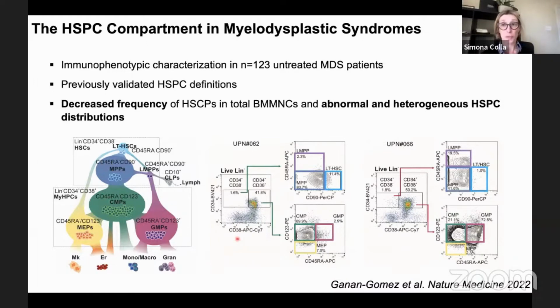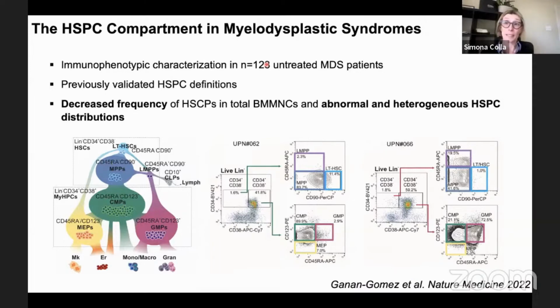I'm not going to present the whole study, but importantly, together with Dr. Dewar, we analyzed 123 samples from patients with MDS, a lot, no one did this before, because our goal was to dissect the stem and progenitor populations in a disease such as MDS that is really heterogeneous.